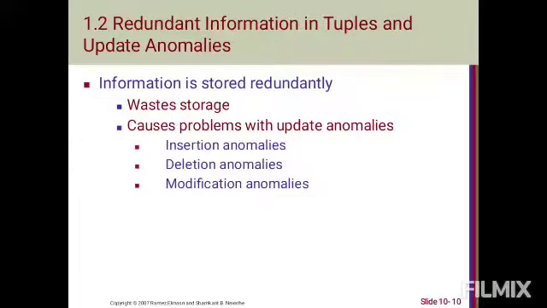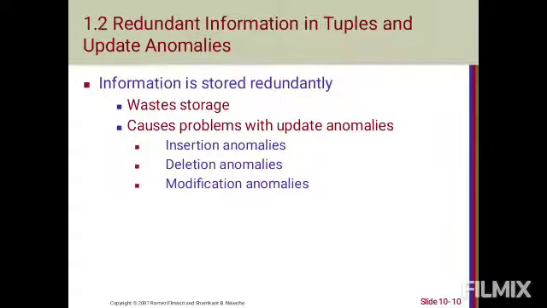Then next, guideline number 2: redundant information in tuples and update anomalies. Information may be stored repeatedly in a relation. We call it redundant information. This leads to mainly two problems. The first is storage space.